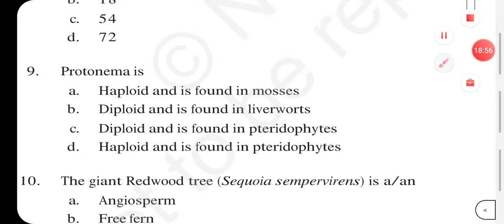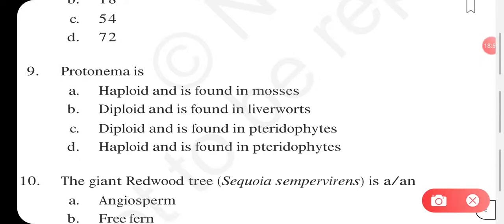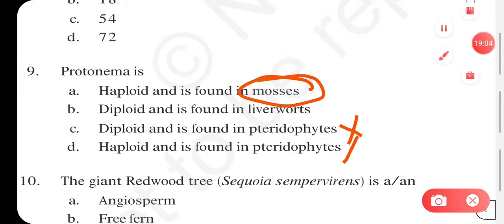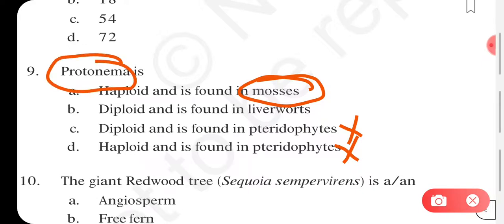We have studied protonema in the case of mosses, right? In mosses we see protonema. So in pteridophytes it is not going to be there. In mosses we have seen that there are two stages, and the first stage is called protonema. The second stage of its life cycle is the leafy stage. Fine. And yes, the protonema is a haploid stage.